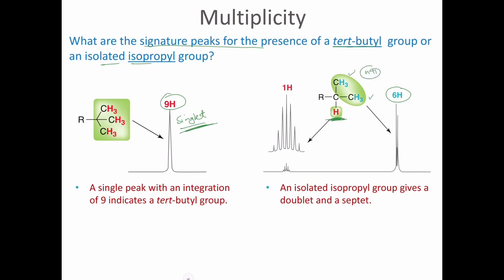So this proton is going to be split 7 times. So we have a septet, but it is only one proton, so the integration is 1, but it's split 7 times. Then each of these 6 protons, they're going to show up here, but they're adjacent to just one proton. So according to the n+1 rule, this is going to be split only 2 times. So we have a doublet.